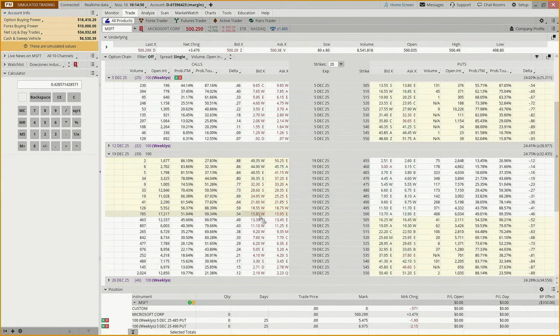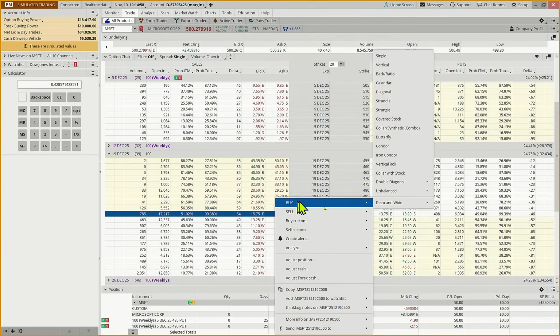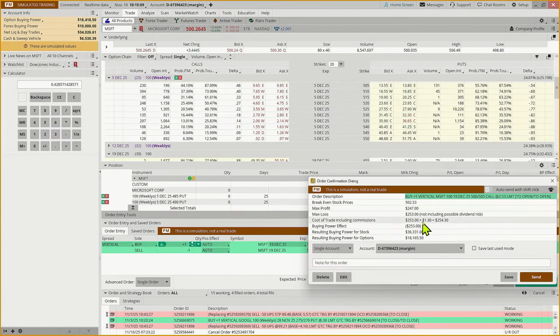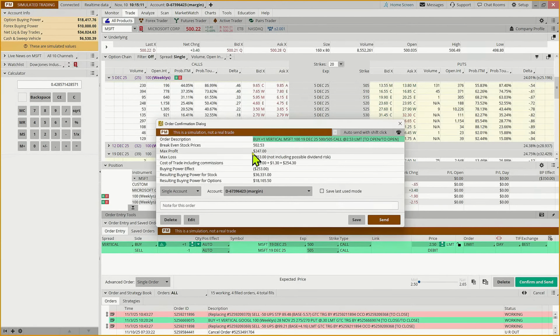On a long call vertical, we have our max gain if it goes through both strikes and stays above that. With this one, we're looking for a 50% gain, and we could make almost 100. If you look at this, we're risking 253 to make 247. So at 250, you're risking one to make one.